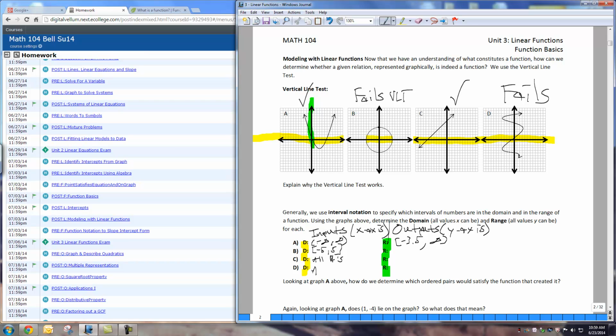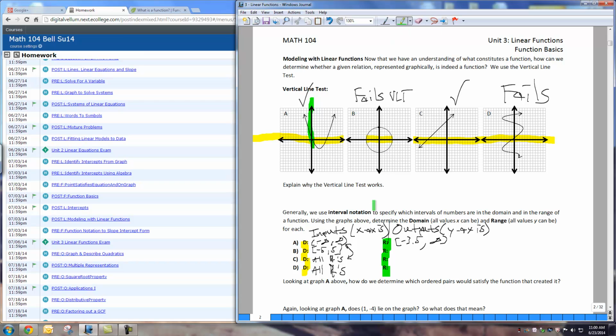Either of those two things are synonymous. All reals and negative infinity to positive infinity mean the same thing. These two things mean the same thing. They are equal statements.